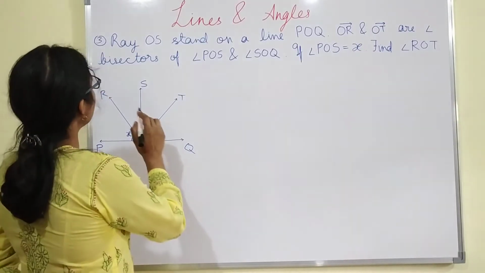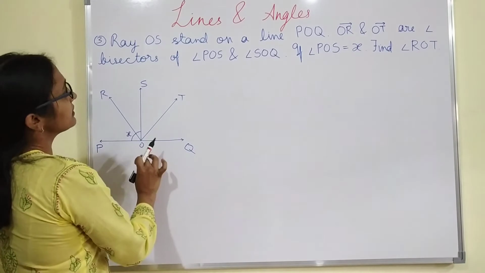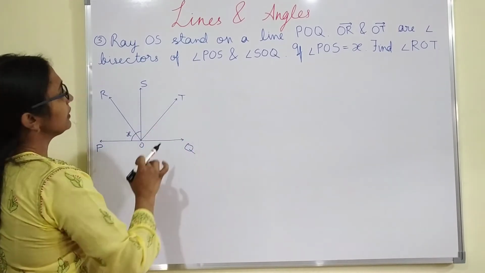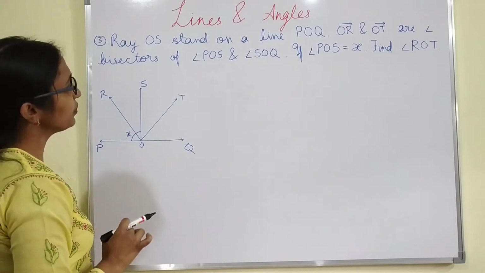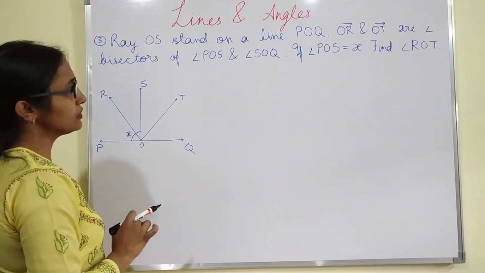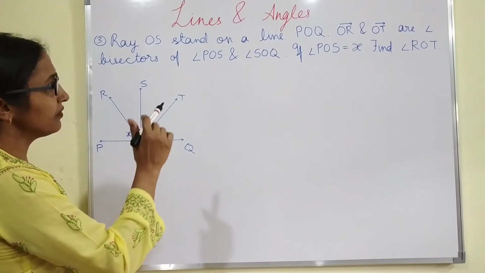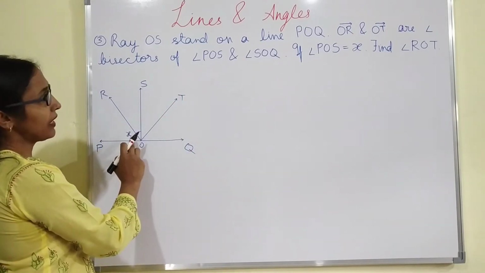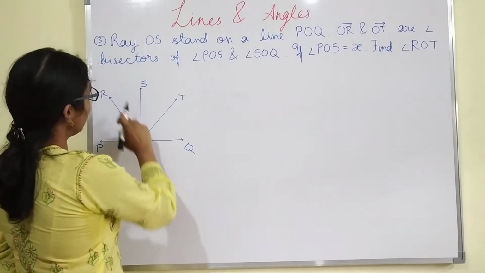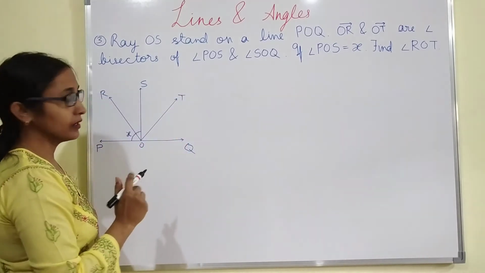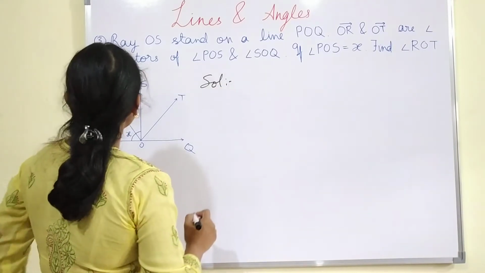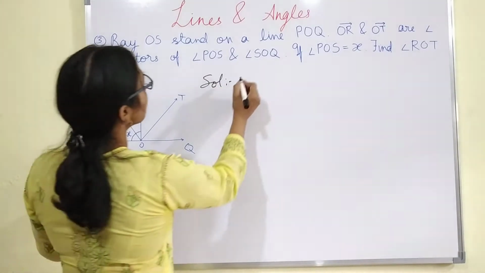Now the third example is: ROS stands on a line POQ, OR and OT are angle bisectors of POS and SOQ. If POS equals x, find angle ROT. Okay, so let's start the solution.